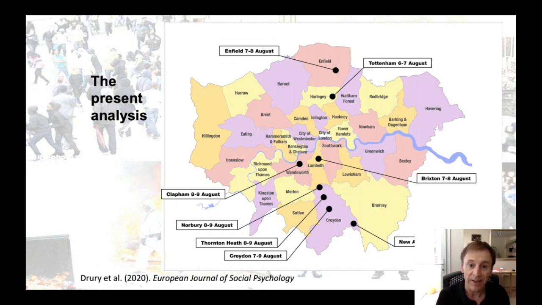But the police arrest data suggest that there's little evidence of people travelling across the river in those first 24, 48 hours. So that means that most of the people probably taking part in the rioting in these locations in South London had not been taking part in the rioting in North London, and therefore they were probably influenced by those events in North London.